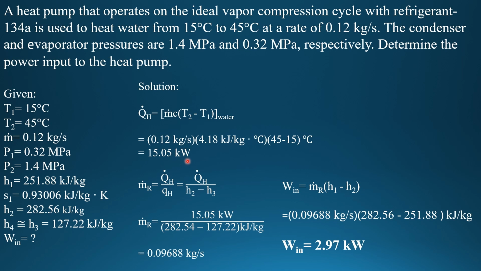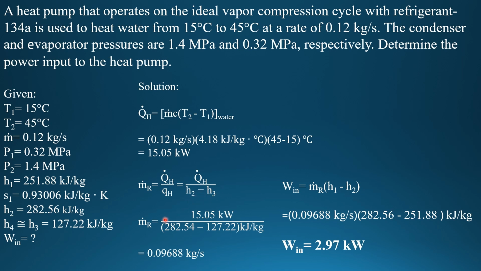So we have the heat of our heat pump that is equal to 15.05 kilowatts. To find the mass per unit time of our refrigerant, we have this equation that is equal to the heat of our heat pump divided by the specific enthalpy at state 2 minus the specific enthalpy at state 3.